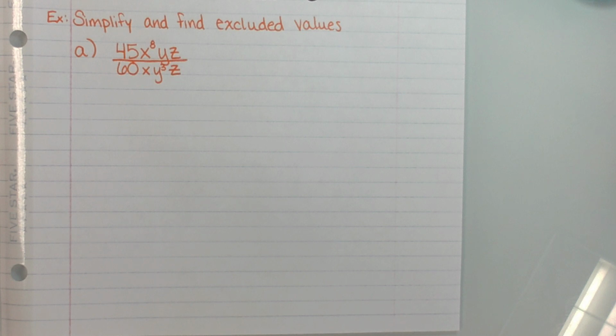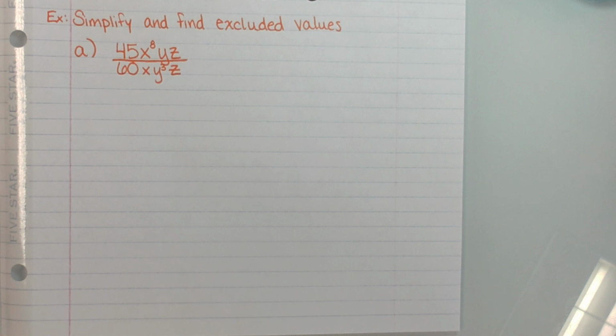I need things fully factored. Can I factor the numerator? If there's no addition or subtraction, we don't factor it. Factoring requires plus and minus signs. Can we factor the numerator? No. Can we factor the denominator? No. This is the exception to the rule on being fully factored, because essentially it is fully factored.